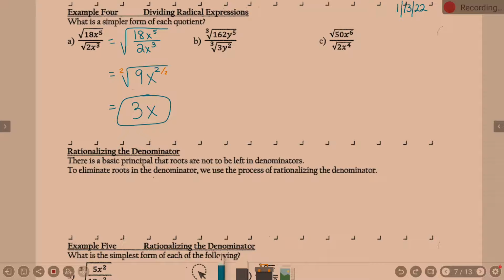Once you get past lesson 6.1, you usually will see a statement in the directions that says assume all variables are positive. If you know the variable is positive, do I need absolute value to make it positive? No, because the directions are saying assume the variable is positive.